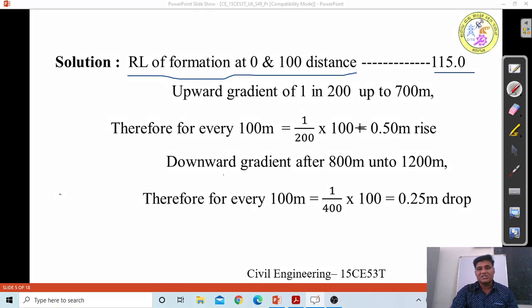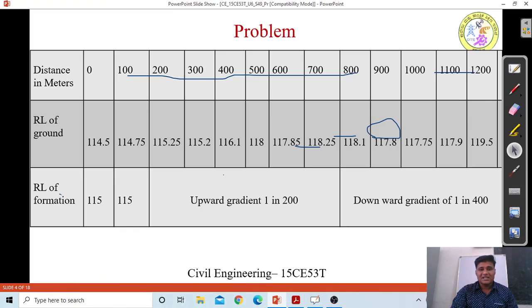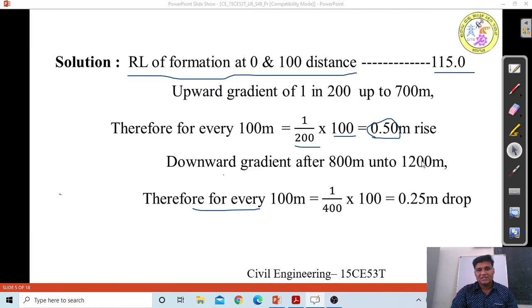So 1 in 200 is the slope and 100 meters is the regular interval. So 1 by 200 into 100 gives 0.5 meter. Since it is an upward gradient, it will be written as rise.